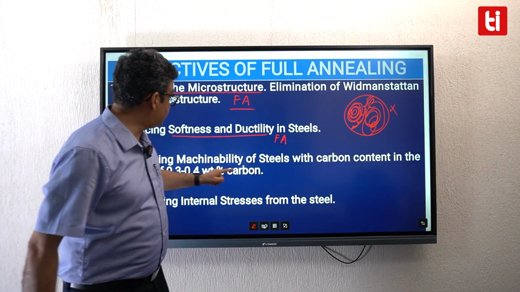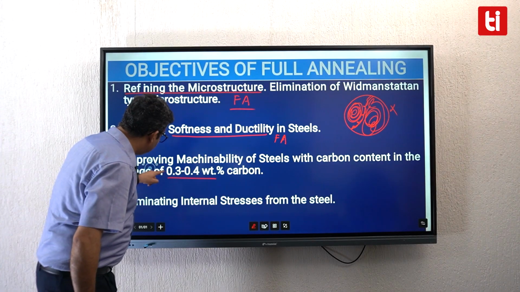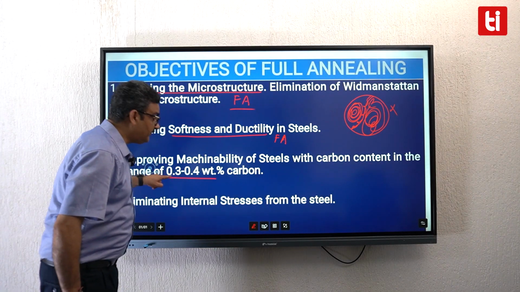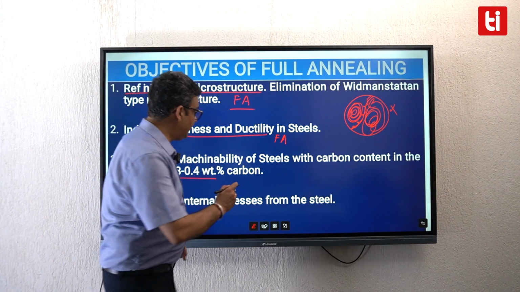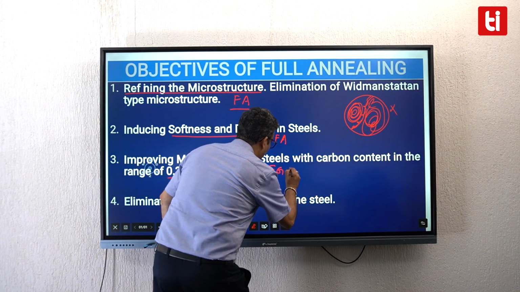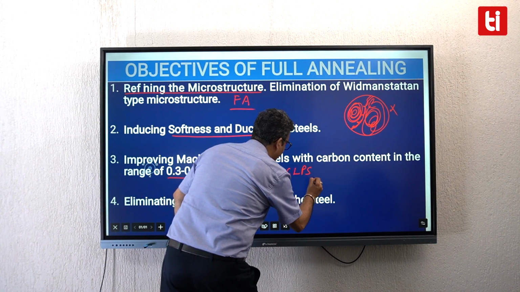So if these medium carbon steels have to be made excellent in machinability, fine grained coarse lamellar pearlitic structure आपको इनके अंदर लाना पड़ेगा.